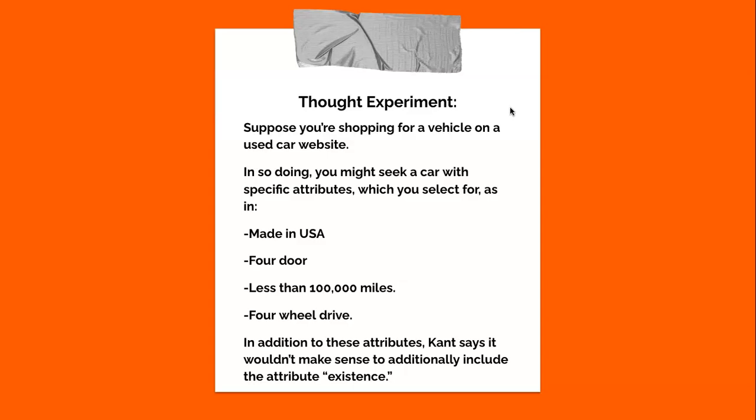But Kant says, in addition to these attributes, it wouldn't make sense for you to click another box which says existence. So it wouldn't make sense to additionally include the attribute existence in your search for the car. Existence wouldn't add any value to your search.